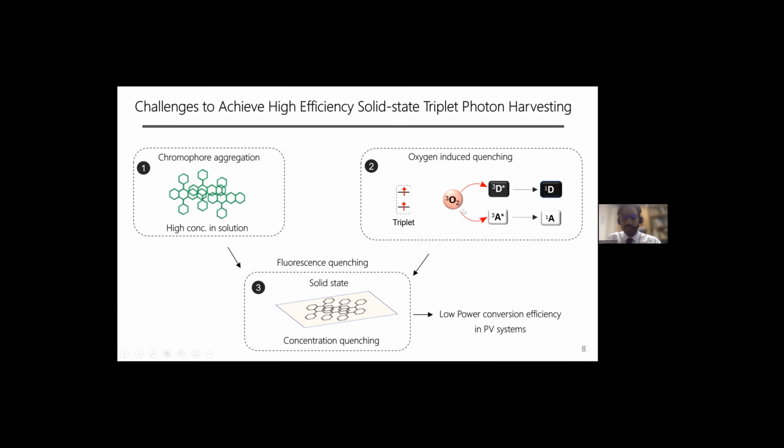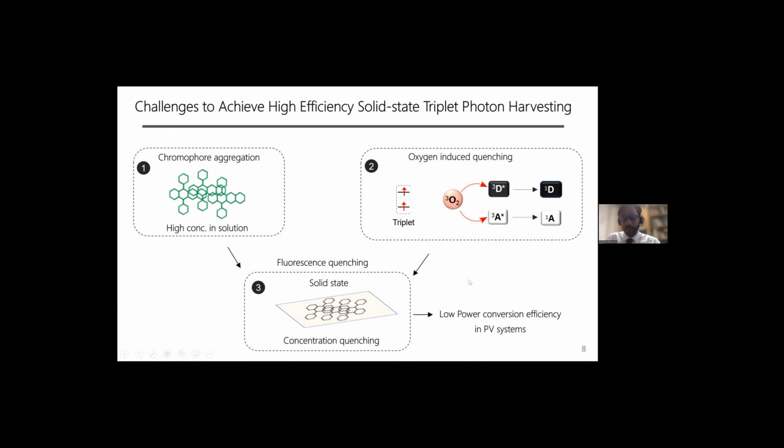Another major challenge is that we are dealing with a triplet state. The molecular oxygen that we breathe exists in the triplet state in its ground state. So if you want to achieve TTUC in the solution state in the presence of oxygen, it will never happen, because molecular oxygen will always quench the triplet state of the organic chromophore, and the same will happen in the solid state.